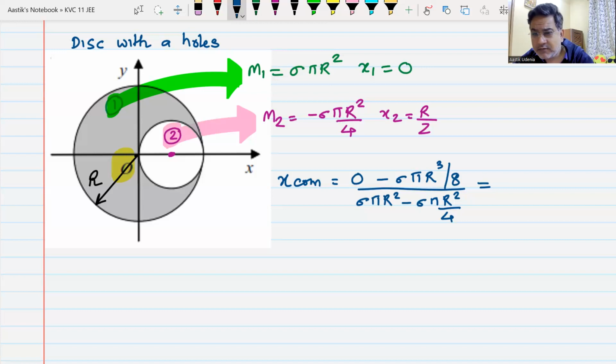Anyone? R by 6 is what I think you should get with a negative sign. That means the center of mass actually has shifted back.